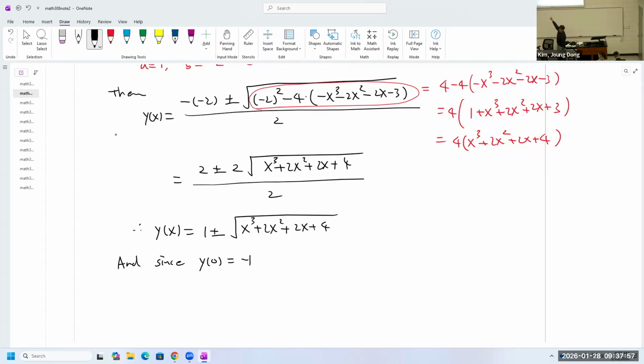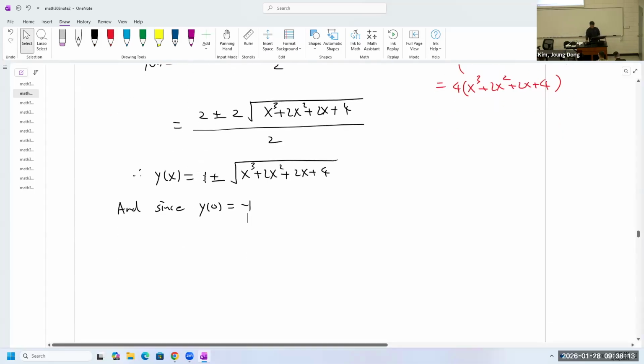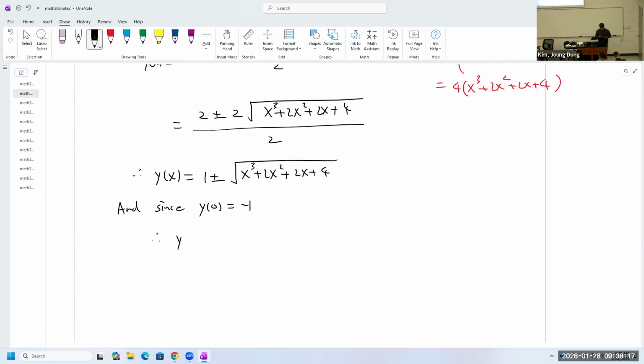Oh, it is against my initial condition, right? Does it make sense? But if we consider just the negative sign, what happened? 1 minus 2, which is -1, which satisfies my initial condition, okay? Which means your final explicit form of the solution cannot be both of them, but you have to choose. One minus, this one only, which satisfies your initial condition.